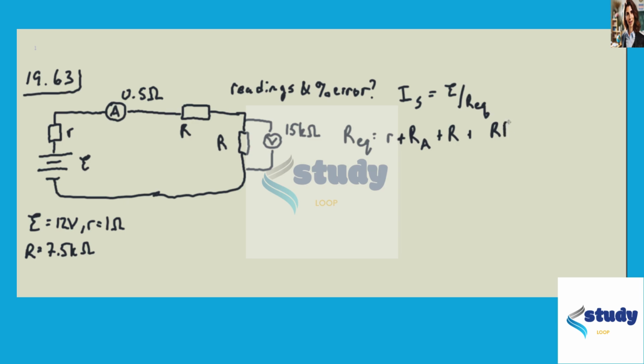So R times RV divided by R plus RV. And this works out to be 12.5 kiloohms.